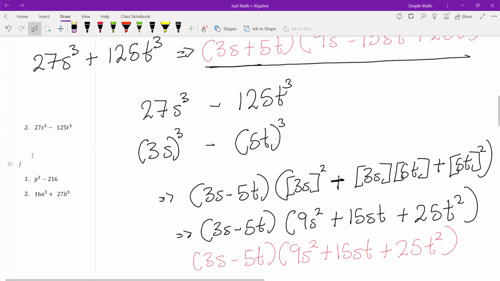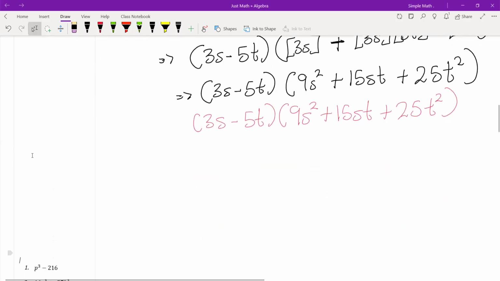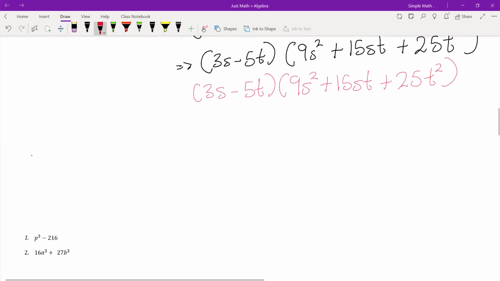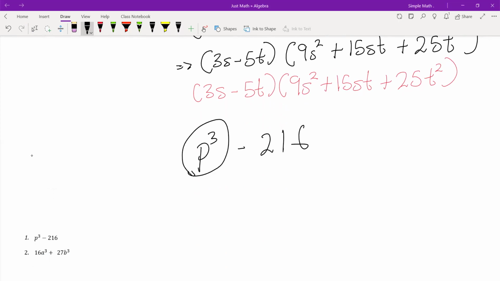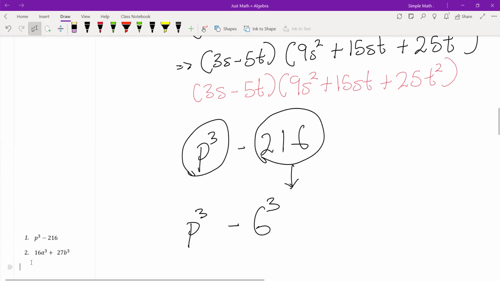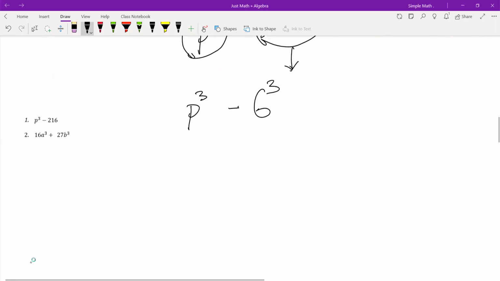Okay, let's go to this one. P cubed minus 216. This is already a perfect cube. What is the cube root of 216? That is 6. So we can write this as P cubed minus 6 cubed. Once we do that, we can write this as (P minus 6), and then the next bracket becomes P squared.